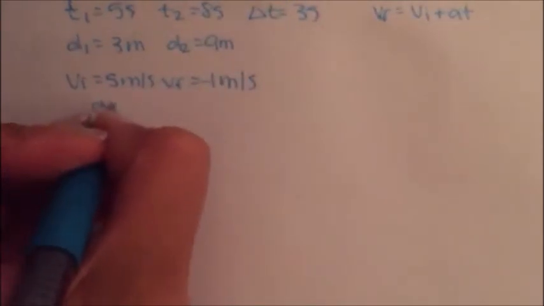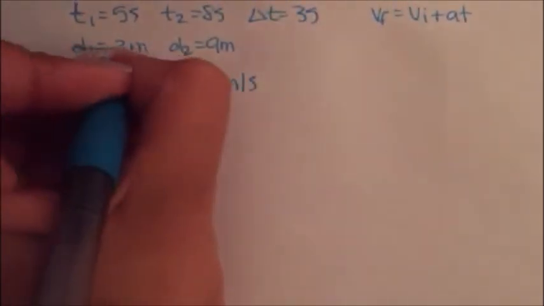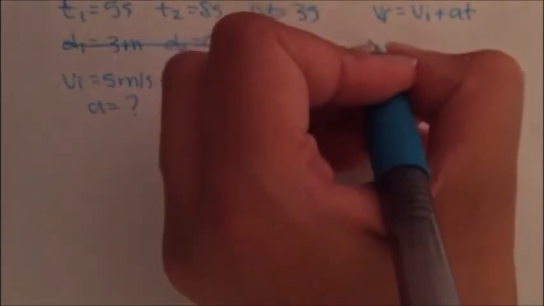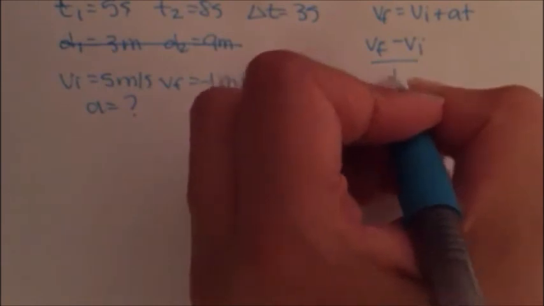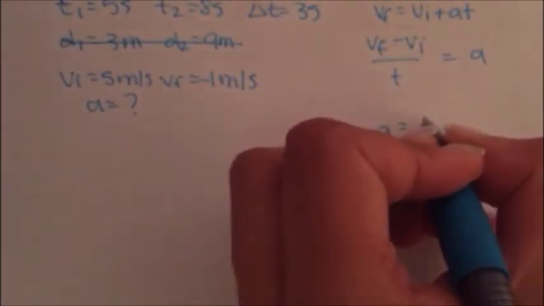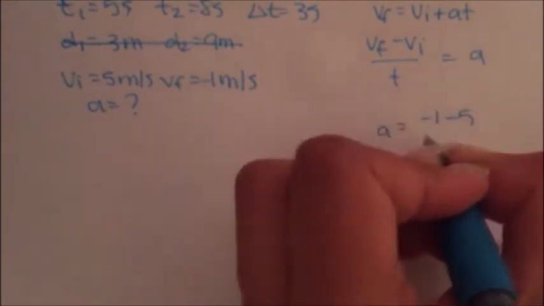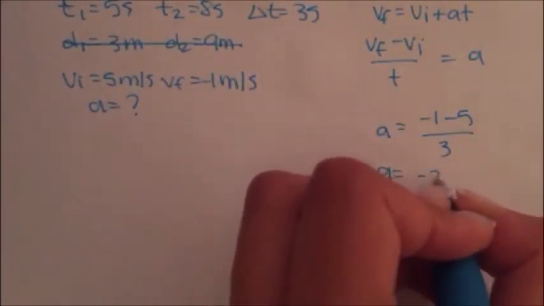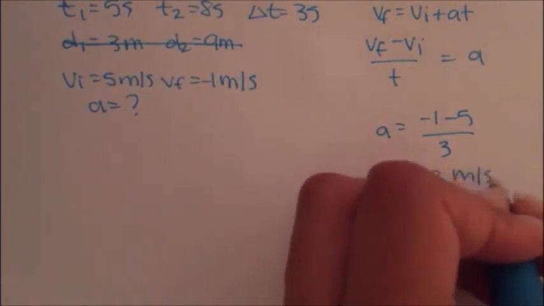Remember, we're trying to solve for acceleration, so distance is kind of irrelevant in the way we're solving it. So we're going to solve for acceleration: velocity final minus velocity initial divided by the time. So plug in values, negative 1 minus 5 over the time of 3. It's going to give us acceleration of negative 2 meters per second squared.